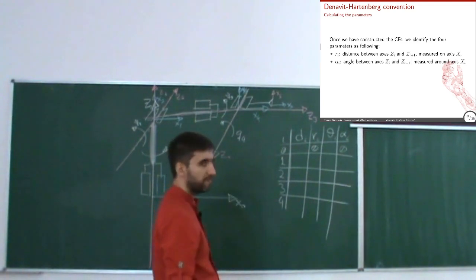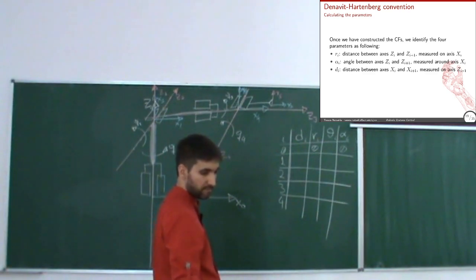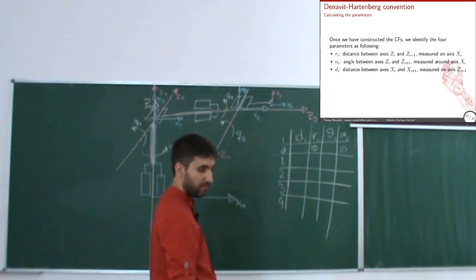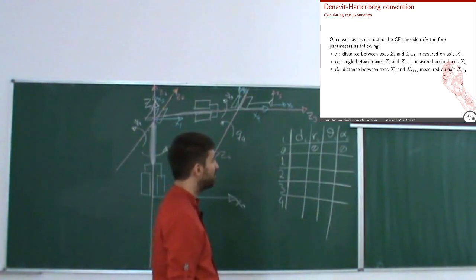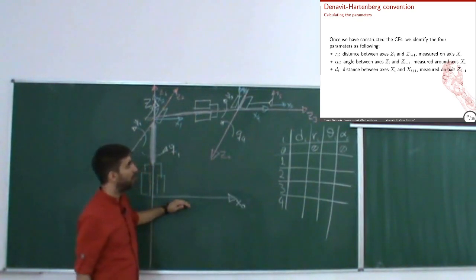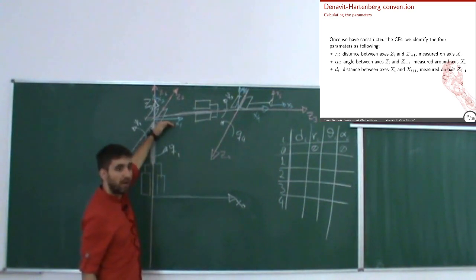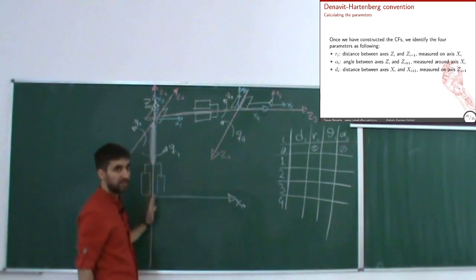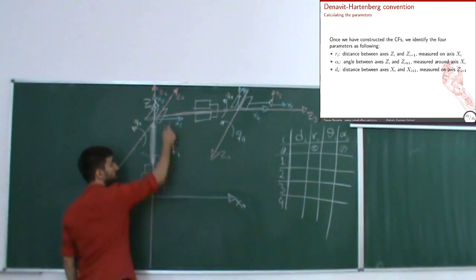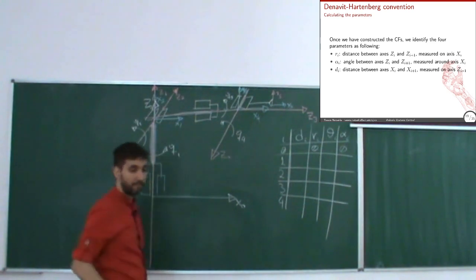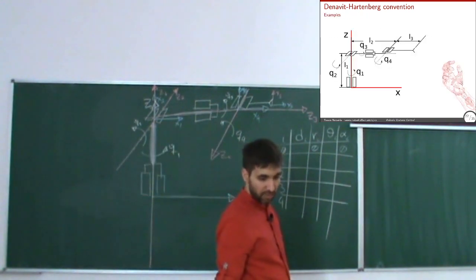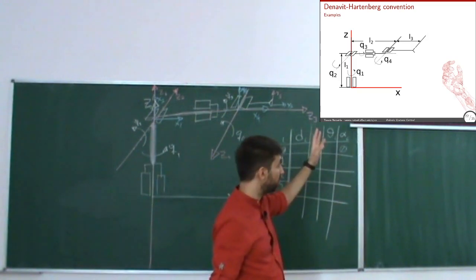What was D? Very good. Do you have notes? Then you have a good memory. So the distance between x0 and x1 along which axis? z1. z1 is this, so it's basically this distance here. Which was L1 on the drawing.